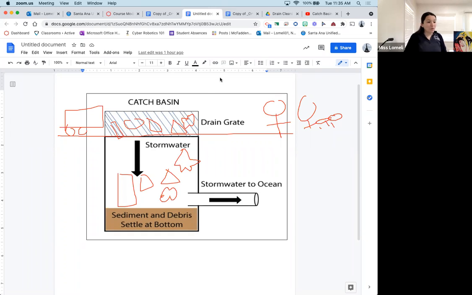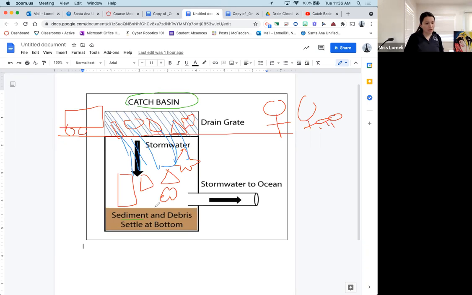And then all of the water from the storm will go in here as well. All this water. Our goal for this catch basin is to catch the debris, the sediment, like the dirt, the leaves, the trash, the popsicle stick, the water bottle, the chip bag, whatever.